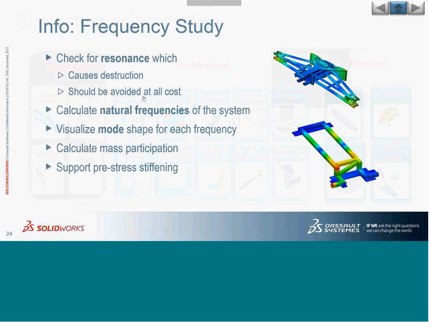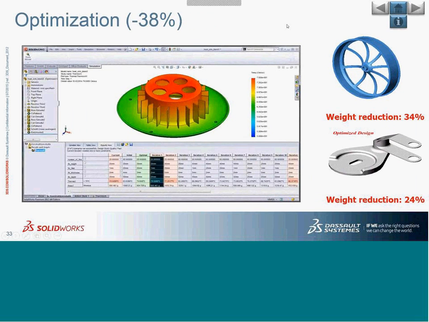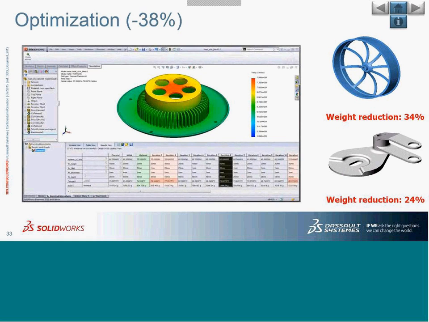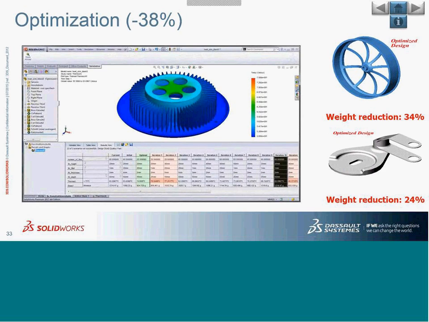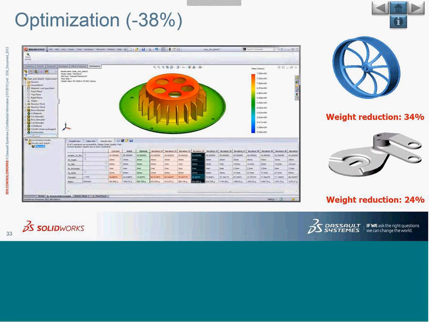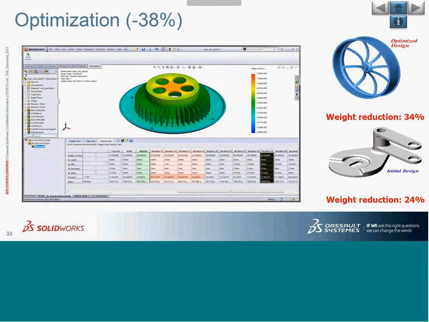The third module that we'll have a look at today is optimization. So as you saw, we have thermal, frequency, static, and a few other different modules. Using this module, we can tell the software to optimize on a certain parameter. Now, this could be a case wherein I want to optimize on the mass, that is, I want to reduce the overall mass of the body.